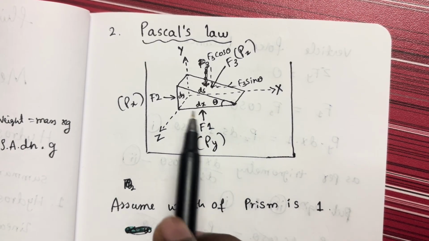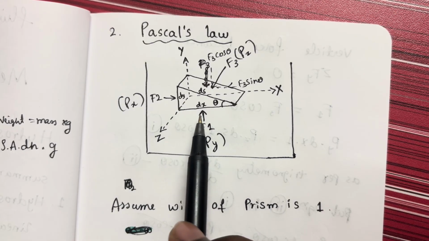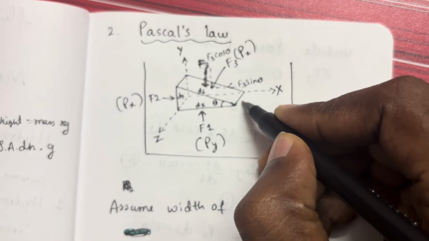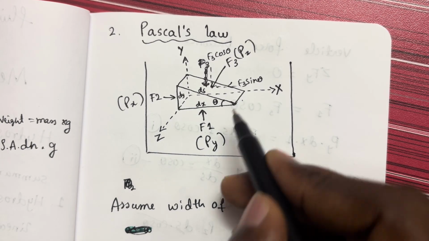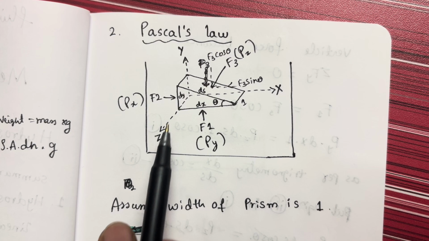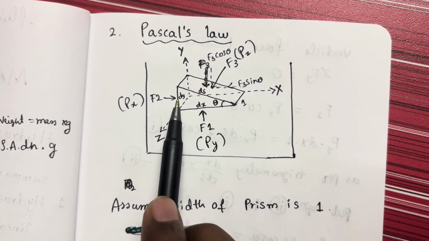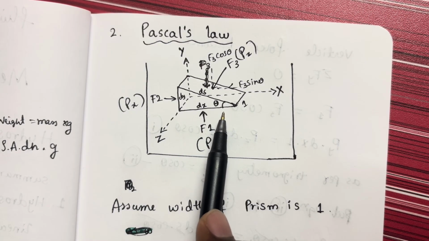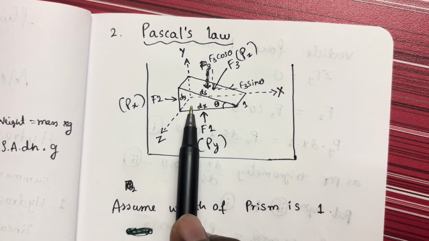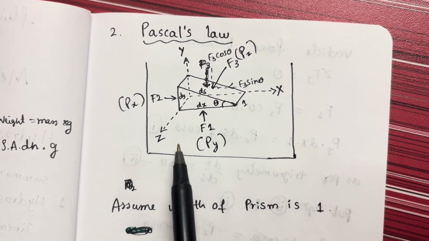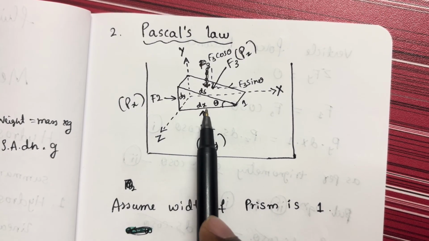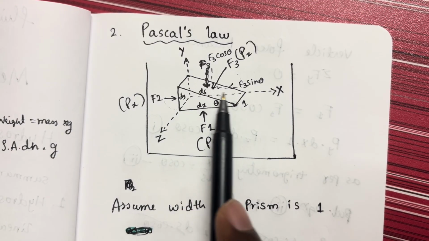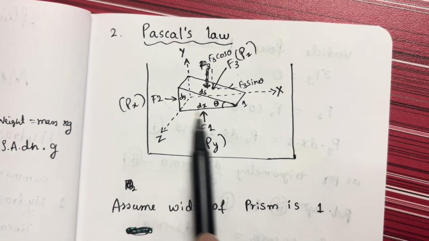The width of this prism is considered as one unit, the height in the y-axis is considered as dy, in the x-axis it is dx, and the diagonal is ds. Why did we consider dx, dy, ds? Because this is a very small prism.